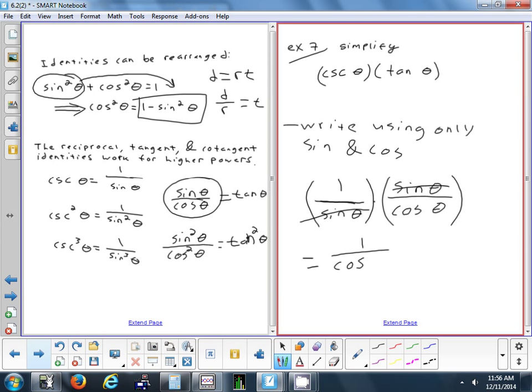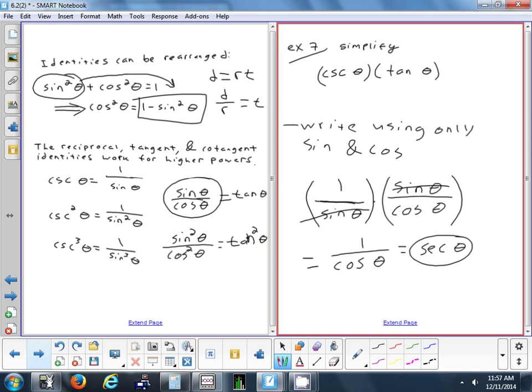Yep. 1 divided by cosine. And now, what is that? That's another identity. 1 divided, flipping the cosine gives you the, Darren? Gives you the secant.